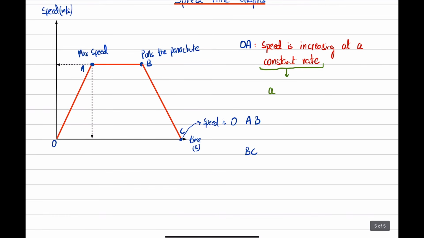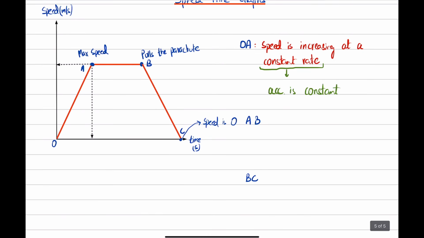I'm just going to save some time by not writing the entire word acceleration. Acceleration is constant. What is the difference between acceleration and speed? That's a very good question. Give me a minute, let me write this down and I'll answer that question.